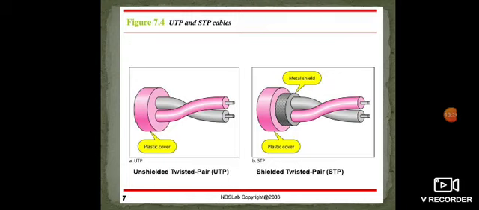That association has developed standards to classify them, and in order to differentiate, they are classified into two parts: unshielded twisted pair and shielded twisted pair. The name already suggests that one is shielded and the other is unshielded.